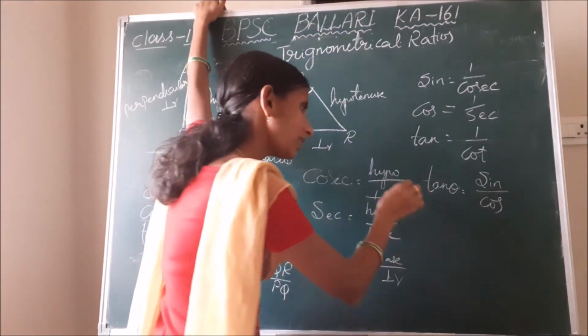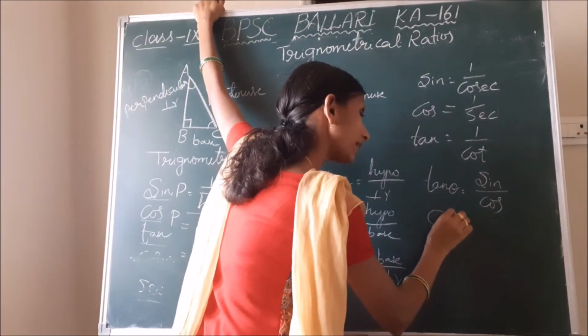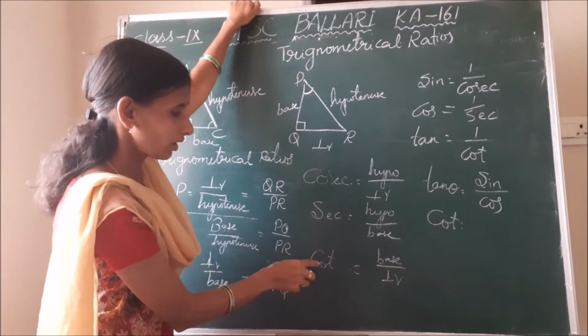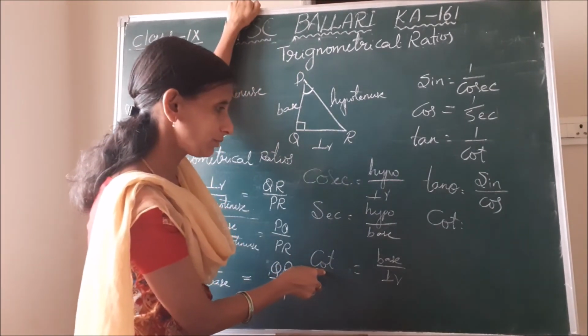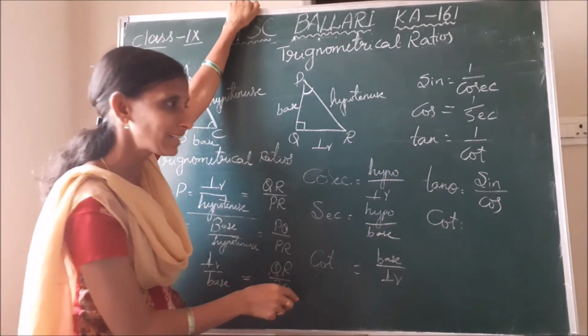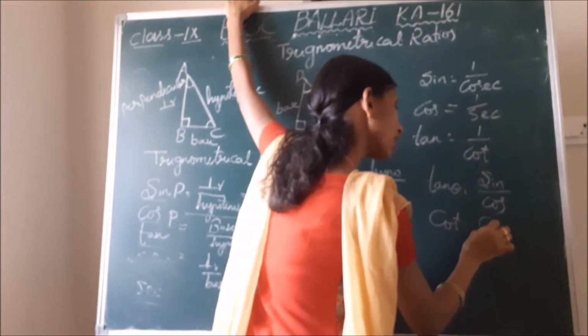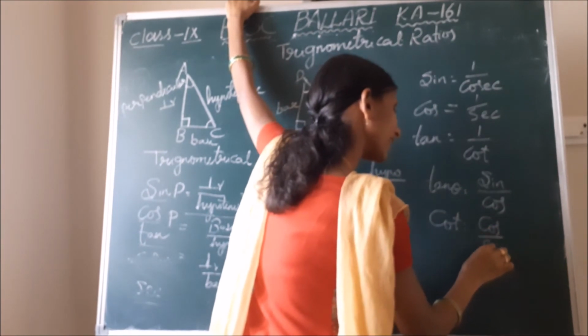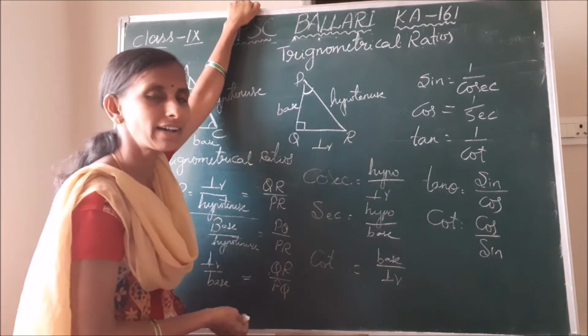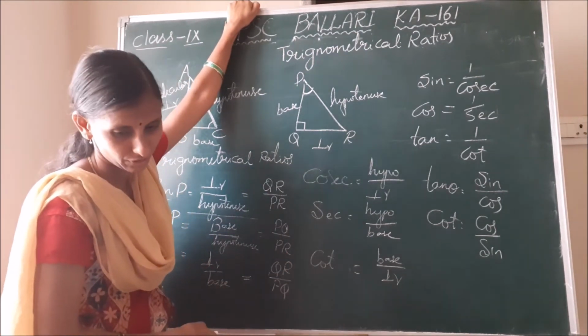In the same way, cot theta is equal to 1 by tan, means we will get cos by sin. Okay, so all these are reciprocals to each other.